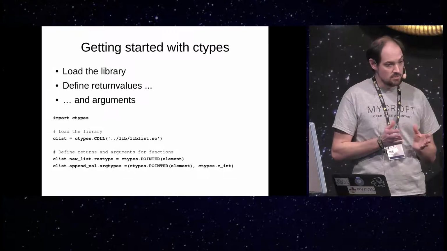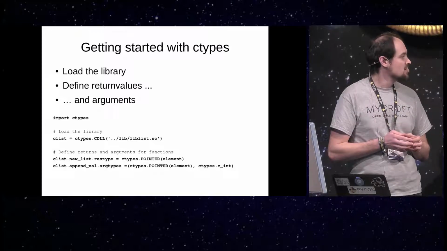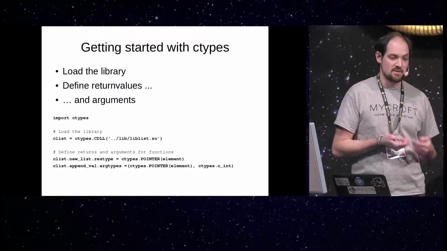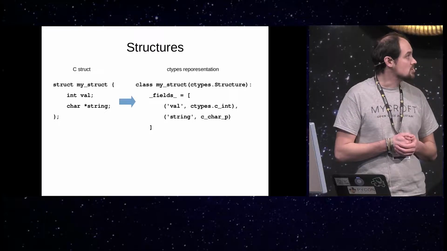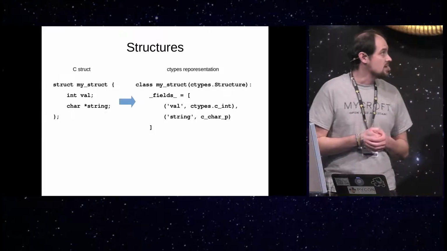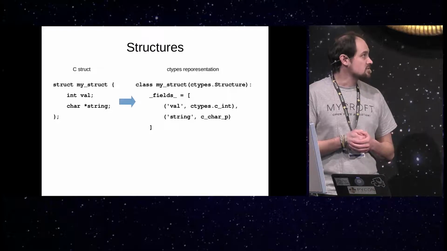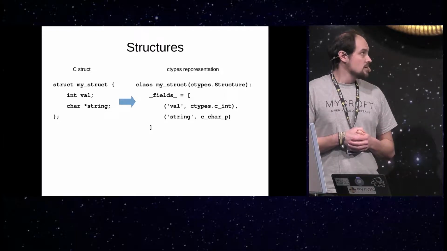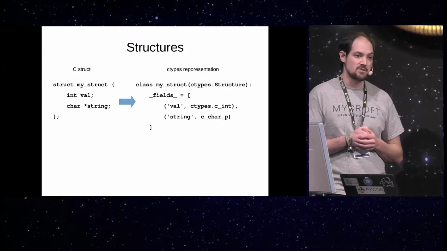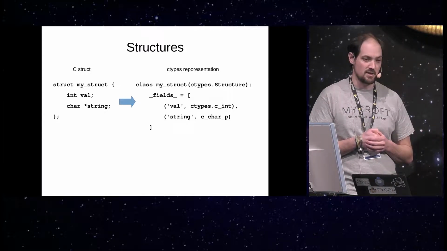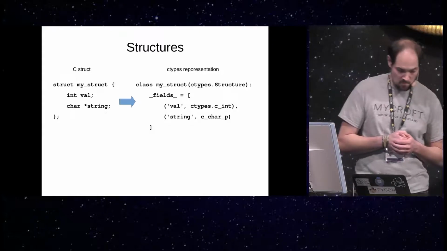In this case, this is a structure which ctypes doesn't know about, but ctypes implements something called Structure. And in Structure, you basically create a subclass and you add fields representing the struct members.